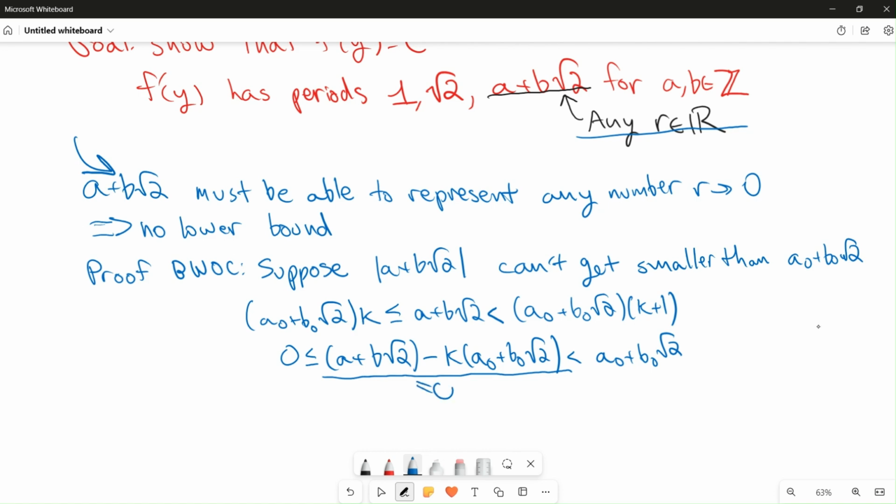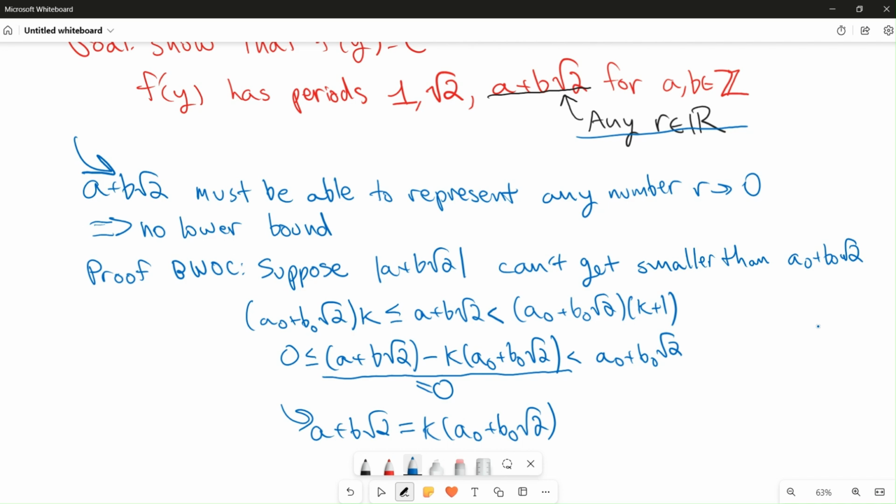So this right here equals 0, and we get that a plus b root 2, for all a plus b root 2, must be equal to k times a naught plus b naught root 2 for some constant k. So every single number that can be represented in this way must be a multiple of the smallest positive element.